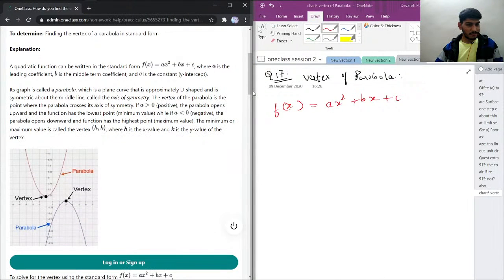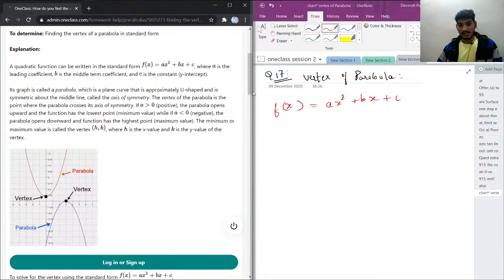Its graph is called a parabola, which is a plane curve that is approximately U-shaped and is symmetrical about the middle line called the axis of symmetry. The vertex of the parabola is the point where the parabola crosses its axis of symmetry. So if a is greater than 0, the parabola opens upward and the function has the lowest point, minimum value.